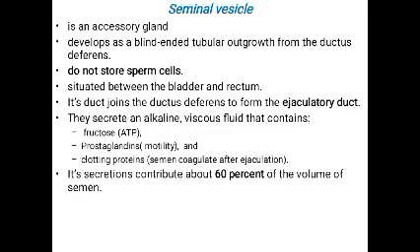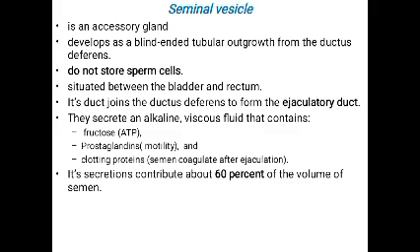Seminal vesicle is an accessory gland that develops as a blind-ended tubular outgrowth from the ductus deferens. It does not store sperm cells and is situated between the bladder and the rectum. Its duct joins the ductus deferens to form the ejaculatory duct.